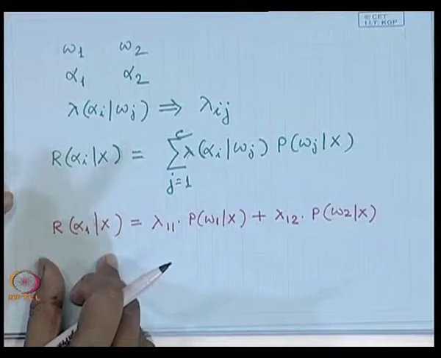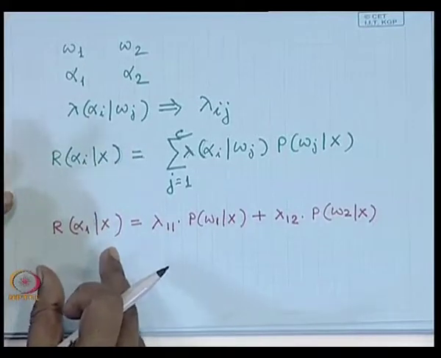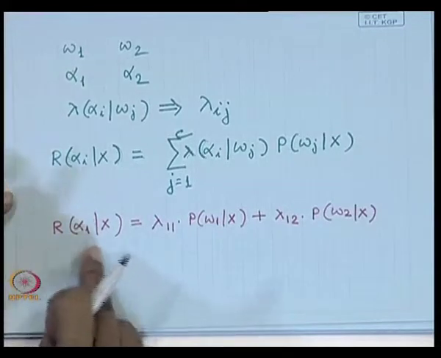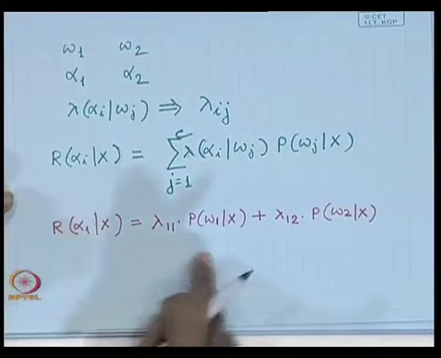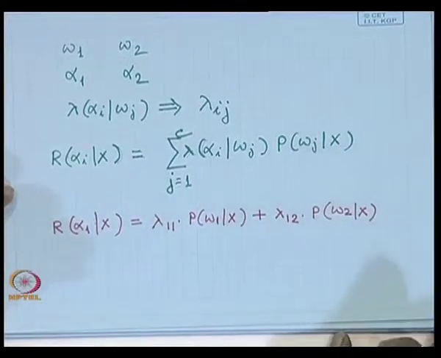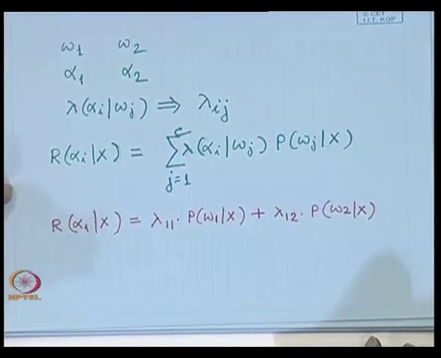If I expand the loss function, the expected loss for taking an action alpha i on an observation vector x, this is the expansion of the expected loss function or the risk function.